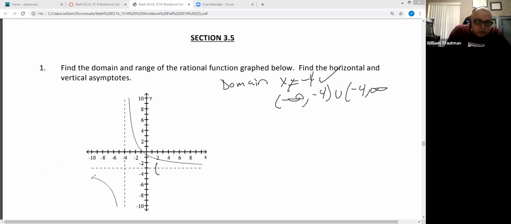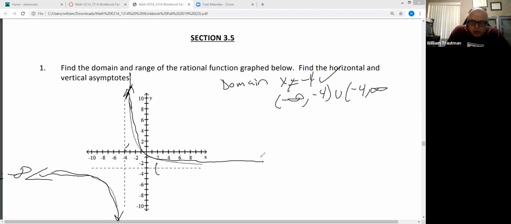You see, this graph goes all the way to -infinity on the x-axis. It stops at -4. It doesn't cross it. Then on the other side of -4, do you see right here, way up there, the graph starts up again and it goes all the way to infinity.